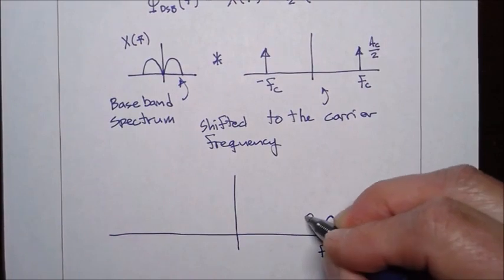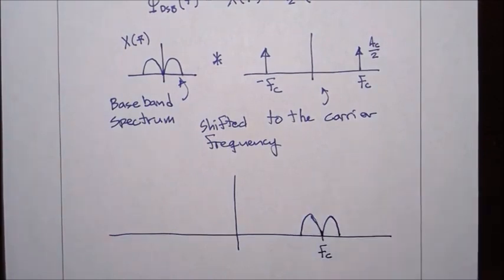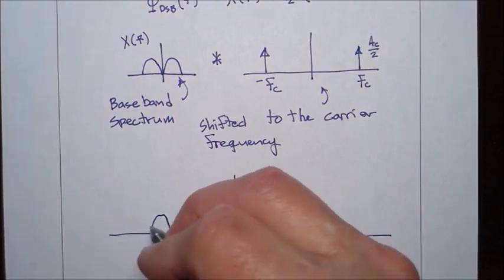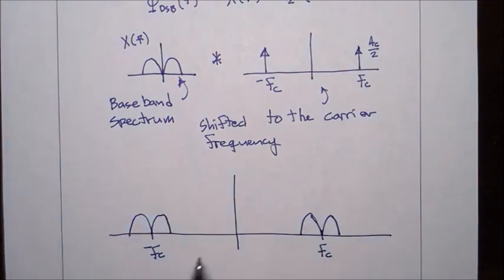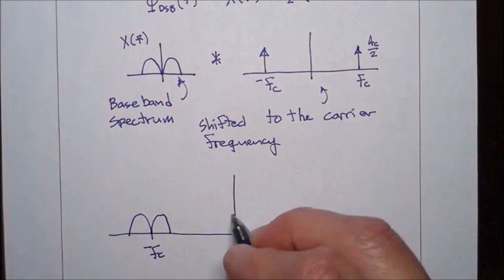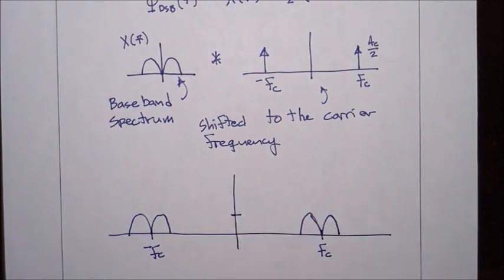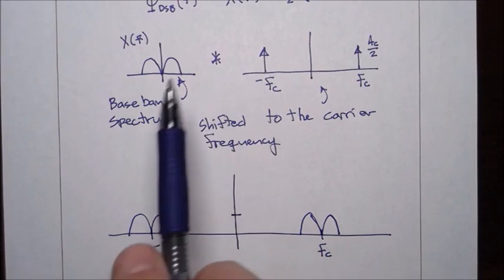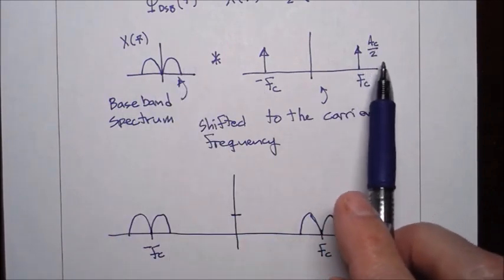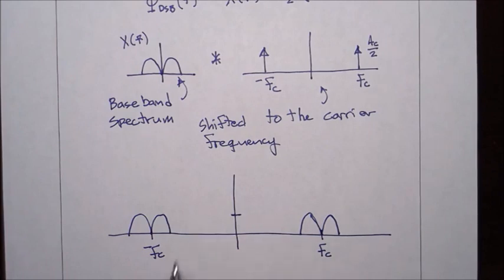So we get a shape that looks like this, and the same replicated shape here centered at minus fc, and it will have a certain scale given by the magnitude of the Fourier transform and the scale of AC over 2. But frankly, I'm not terribly interested in the scale.